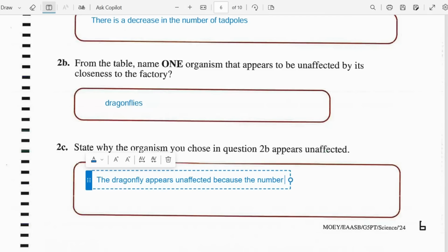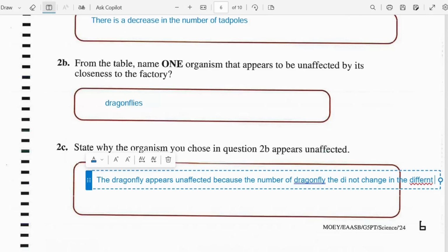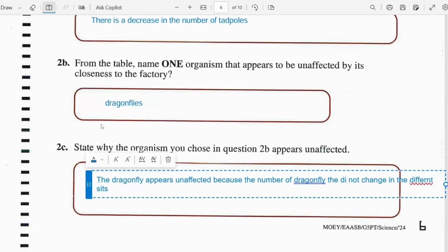The number of dragonflies did not change in the different sites.